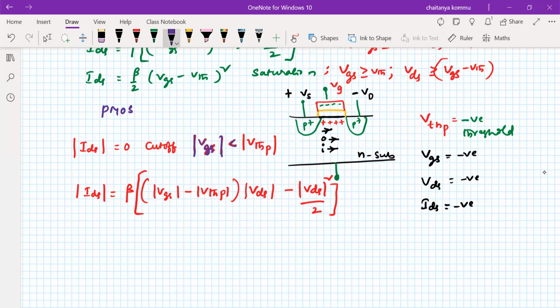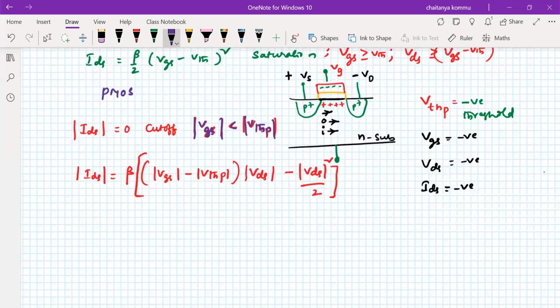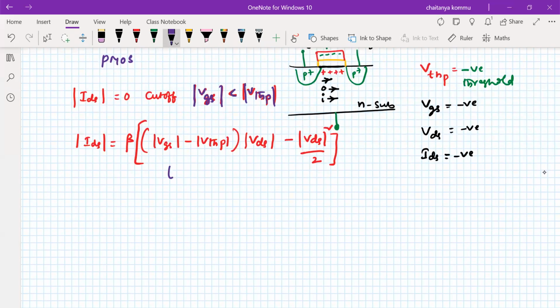VGS less than VTHP, something like this. This is the linear mode of operation. It is acceptable when the magnitude of VGS is greater than the magnitude of VTHP, and also when the magnitude of VDS is less than magnitude of VGS minus magnitude of VTHP. All are magnitudes only.